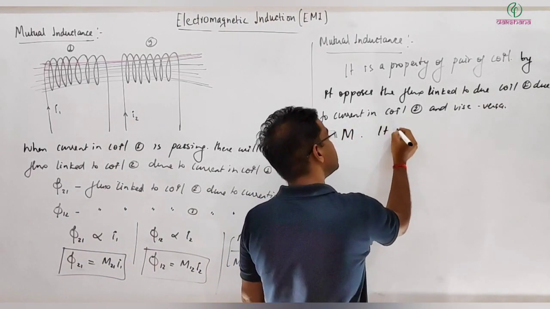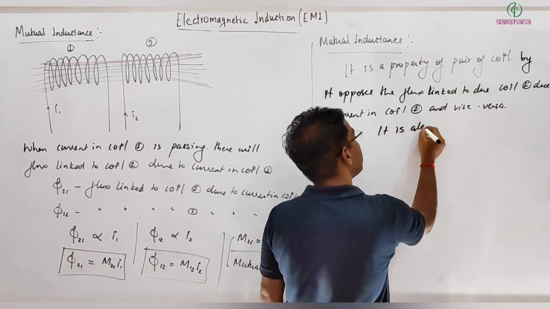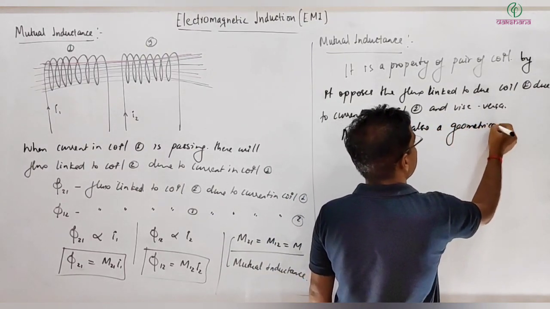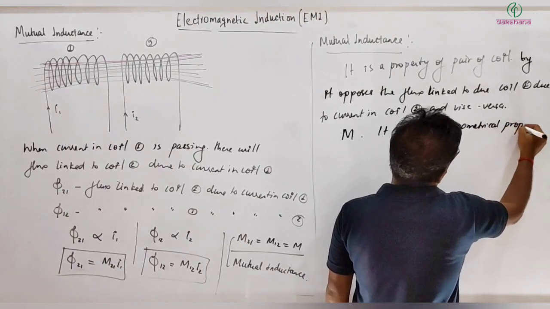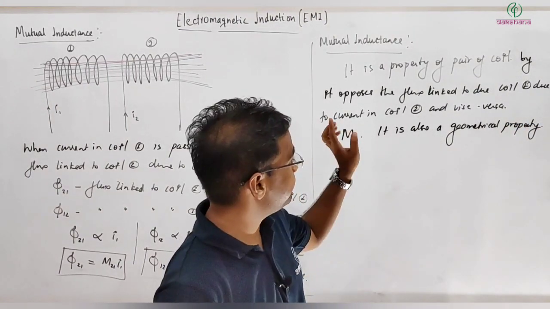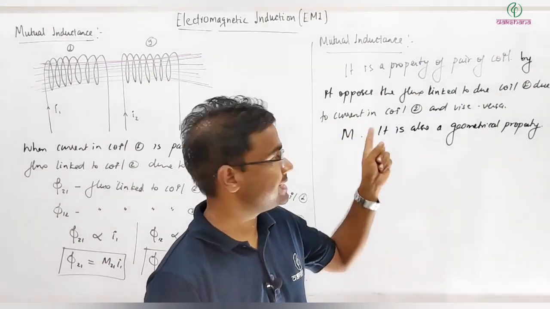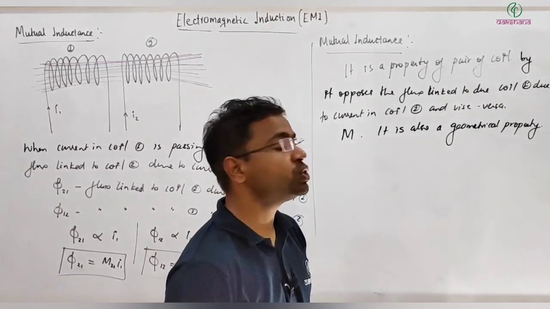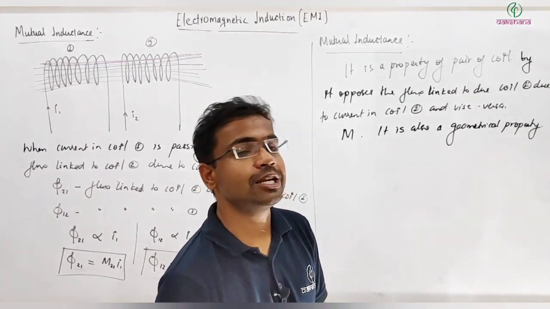It is also a geometrical parameter, or you can say it depends on geometrical property. Remember that here flux linked in coil 1 definitely depends on current in coil 2, but mutual inductance does not depend on current.